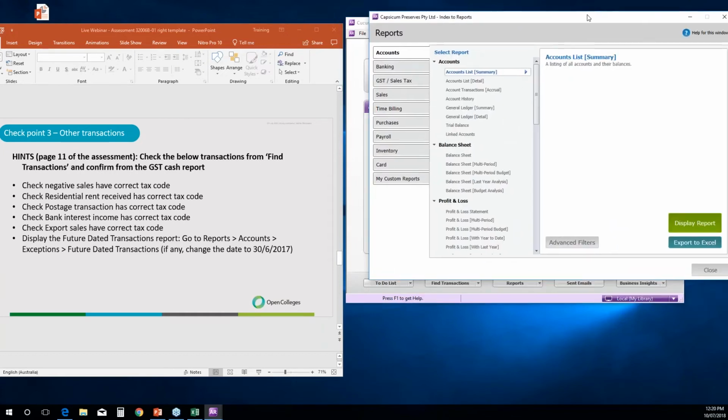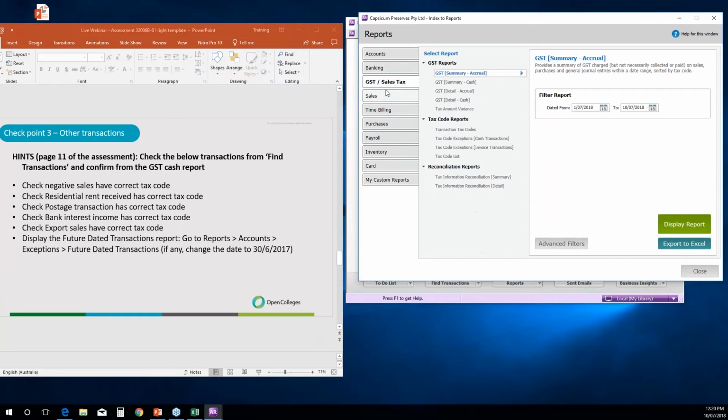It's coming up here. So in here, GST cash detail report, 1st of April 2017 to 30th of June 2017.